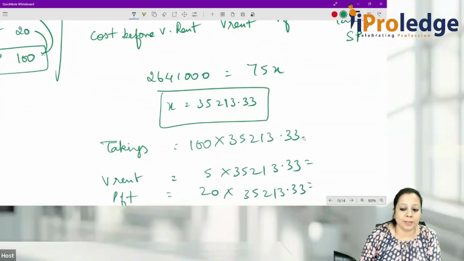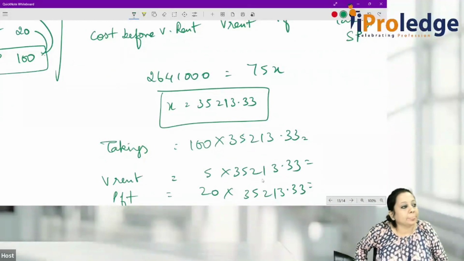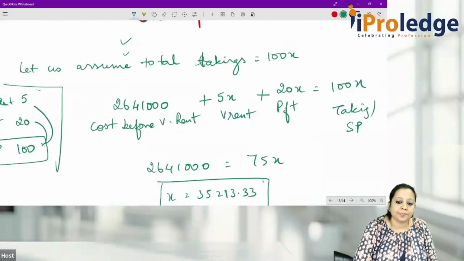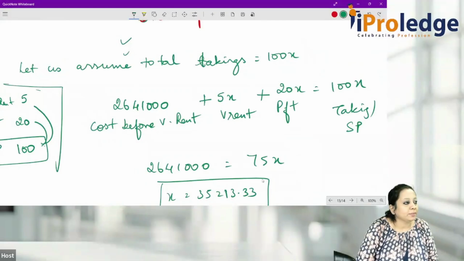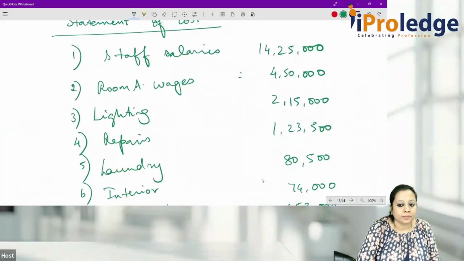Let me know if there is a problem. On top. Which one? This part.